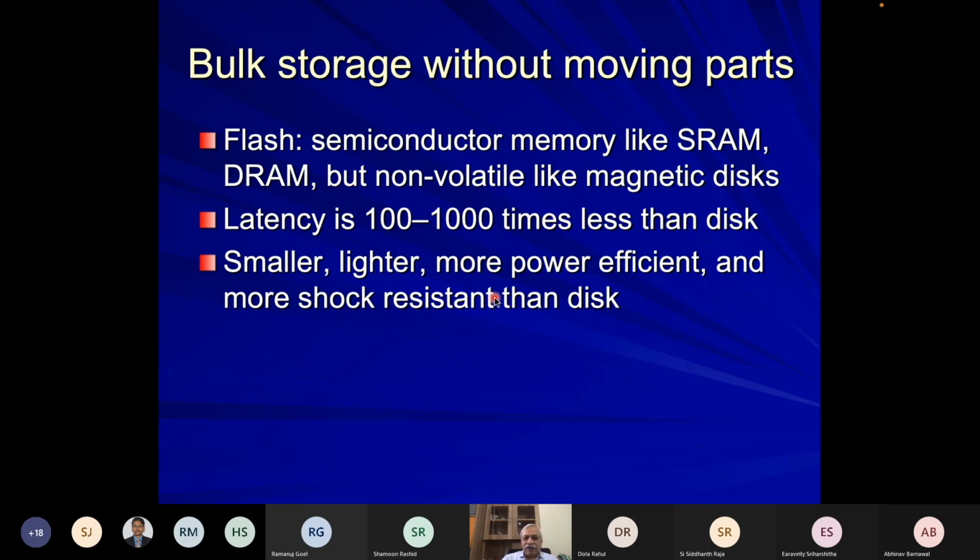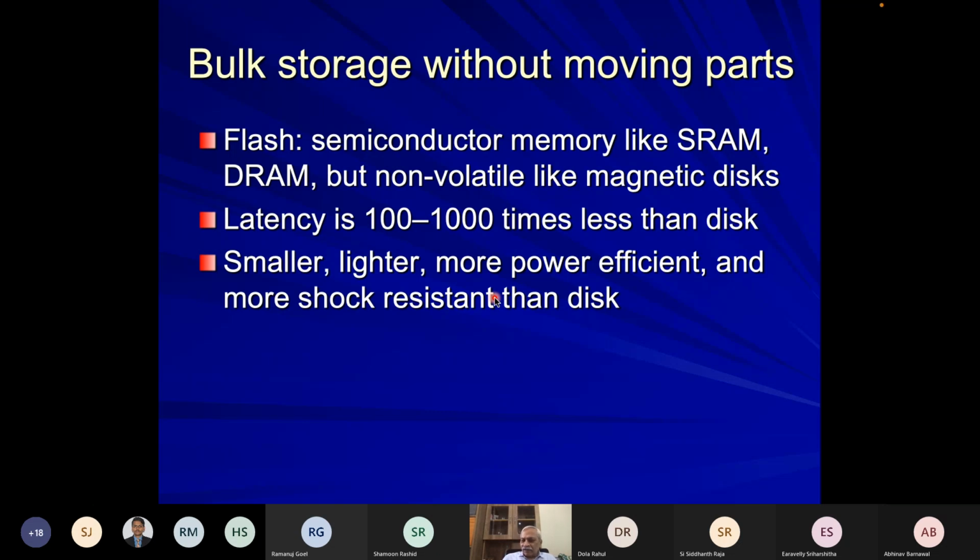If you have ever experienced your laptop with the disk drive falling, the disk can get damaged. So there is often an arrangement that there is an accelerometer in the laptop which will detect a certain change, a certain movement, and it will park the disk.